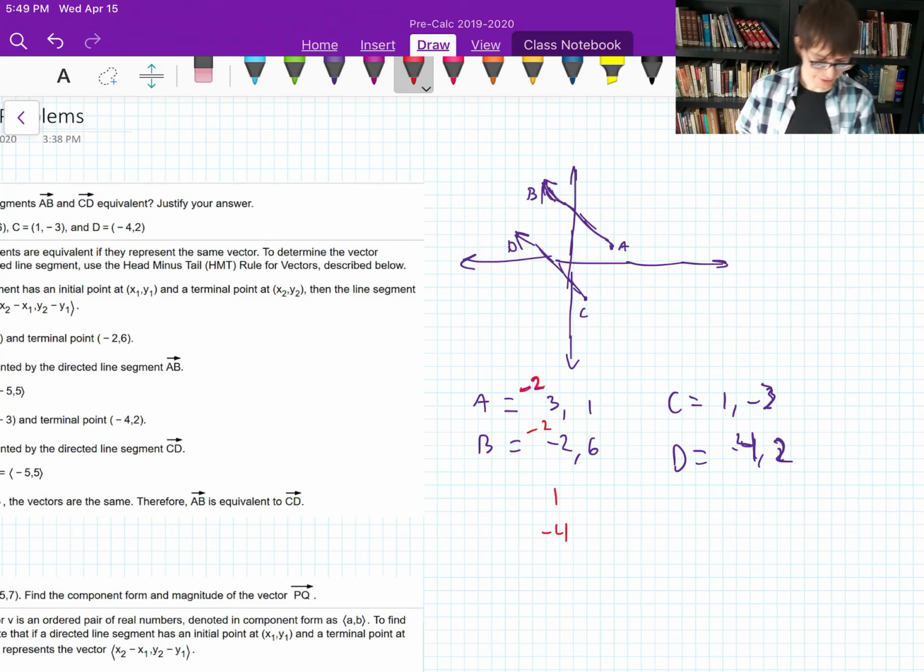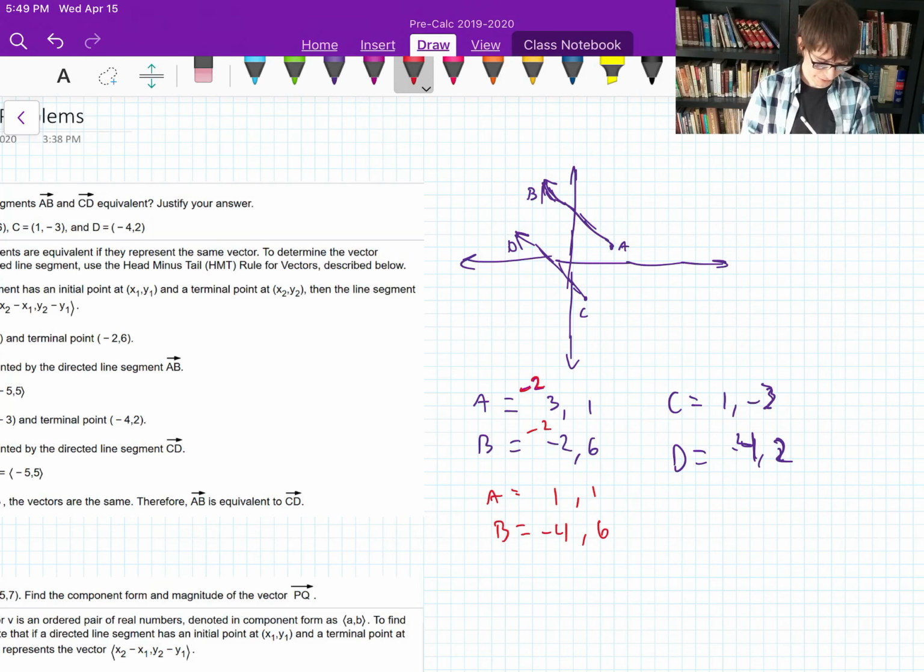So I'm allowed to do that. That works. Now I need to add another value. I need to add a value to the y values to make the y values the same. You can see that the x values are now the same because A now equals 1, 1, and B equals negative 4, 6.